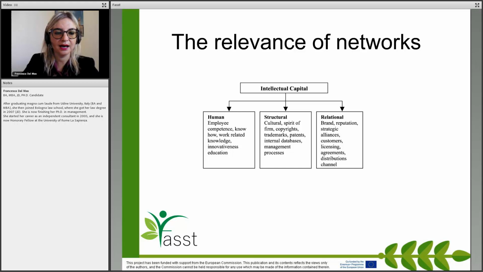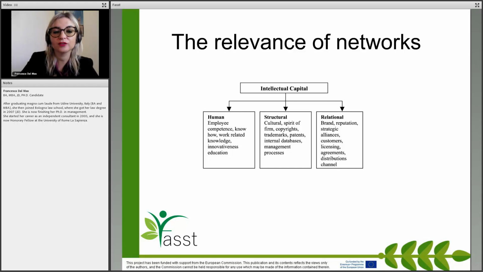In academia, we talk about intellectual capital. Intellectual capital is the sum of three important pillars that are strongly connected with intangible resources. The first is human capital, which deals with employee competencies, know-how, work-related knowledge, innovativeness, education, and so on.